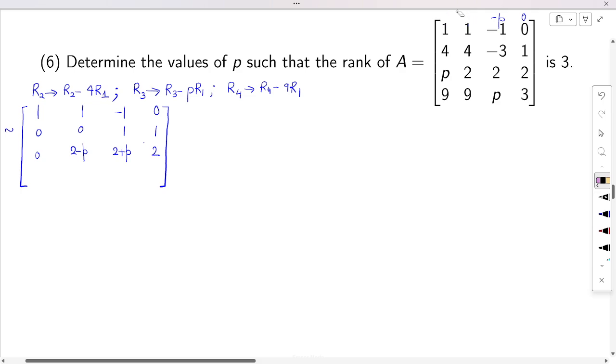Then multiply the row 1 by 9, it becomes 9, 9, minus 9 and 0, and subtract from row 4, it becomes 9 minus 9, 0, 9 minus 9, 0, p plus 9 and 3 minus 0 is 3. Now interchange row 2 and row 3.